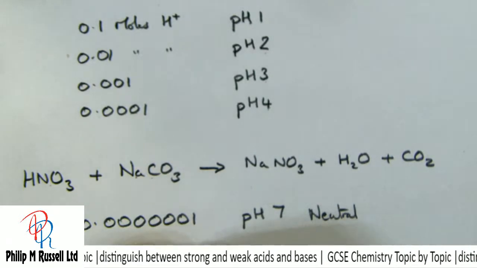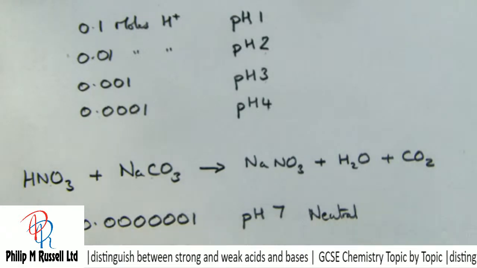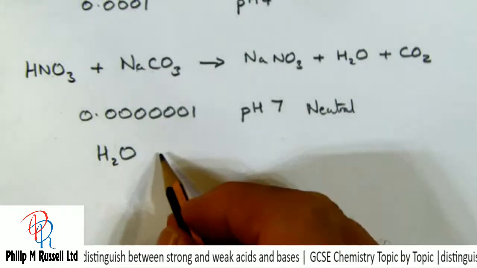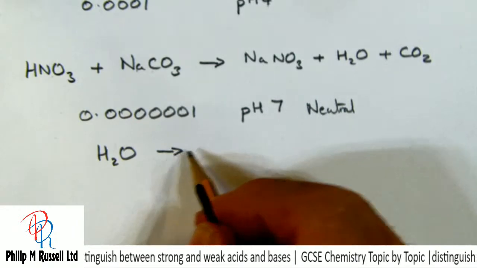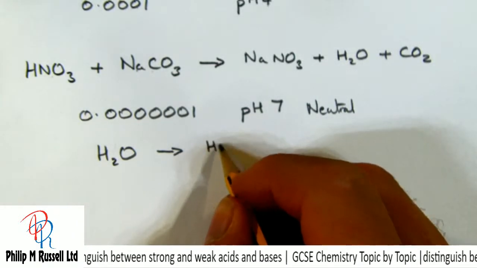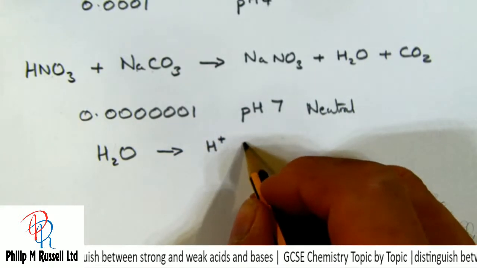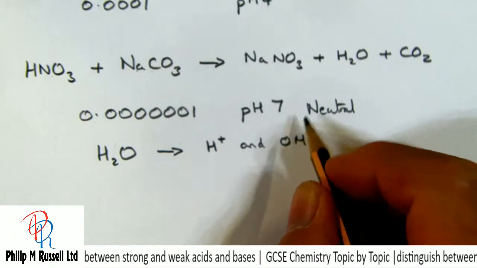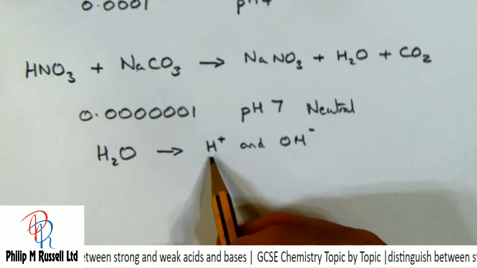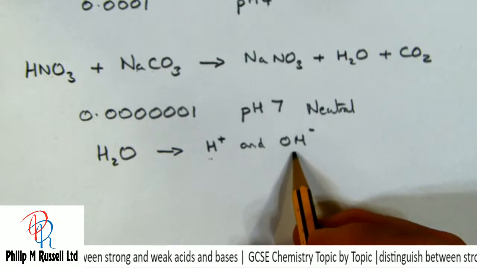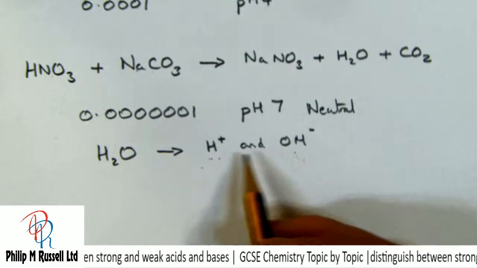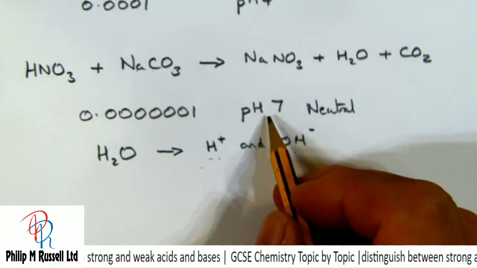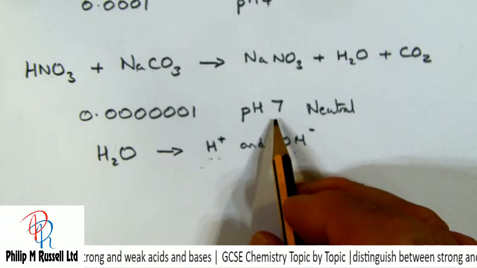If we take water, H2O, and we ionize this, it becomes H+ and it becomes OH-, and we've got the same amount of acid and alkali, and when that's true we've got a pH of 7.